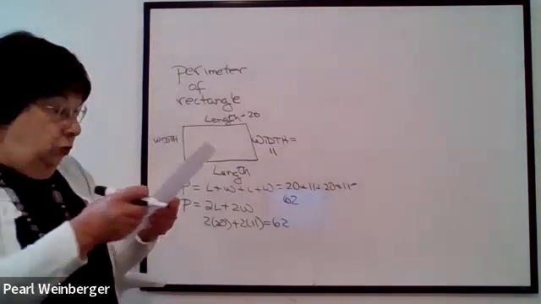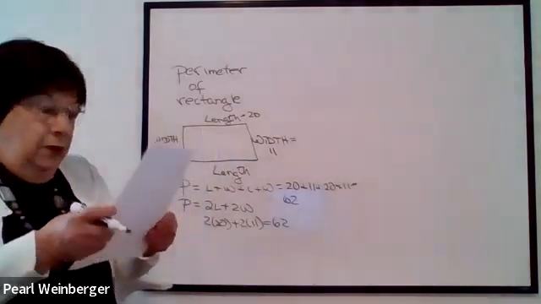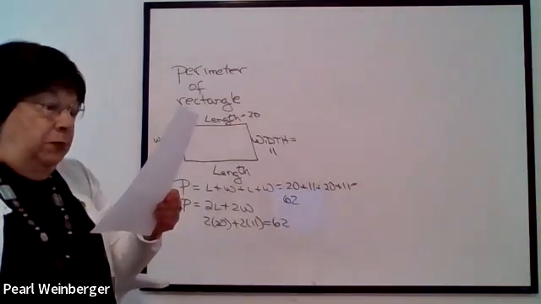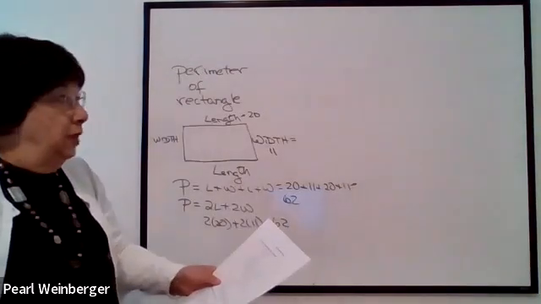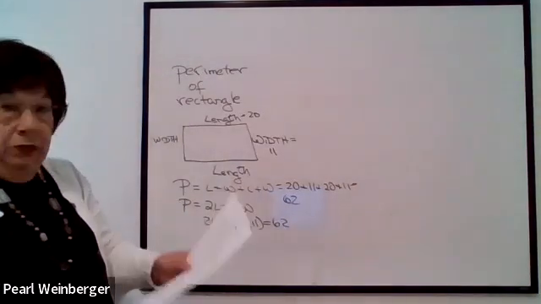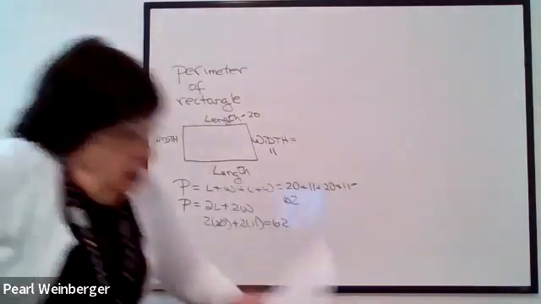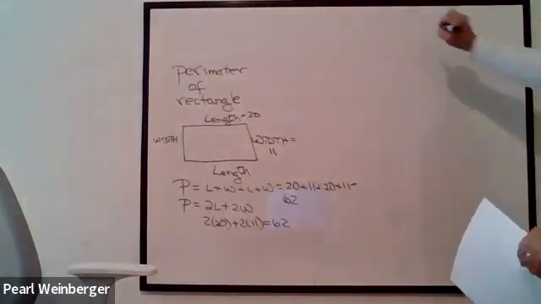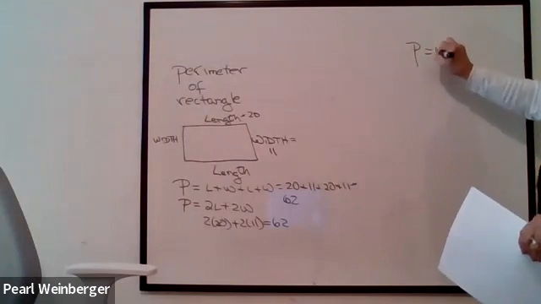So let's see what kind of an example could involve a perimeter. Suppose I told you that a construction company builds a swimming pool with a perimeter of 58 meters. Okay, so we have a rectangular swimming pool that we're constructing. And the total perimeter of this swimming pool is 58 meters.